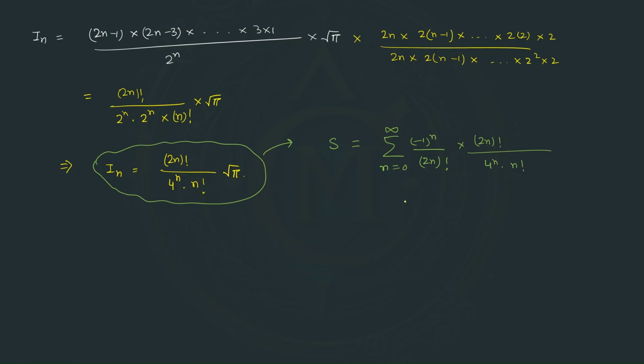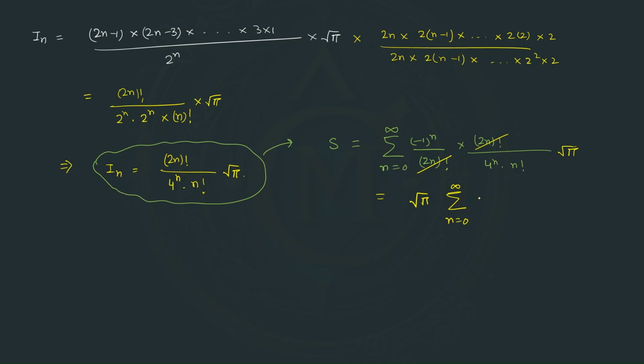Now we can see this 2n factorial will get cancelled, and then we will be left with, there will be a root pi here also, I think. Yeah. So this we can write as root pi, then summation n equal to 0 to infinity.